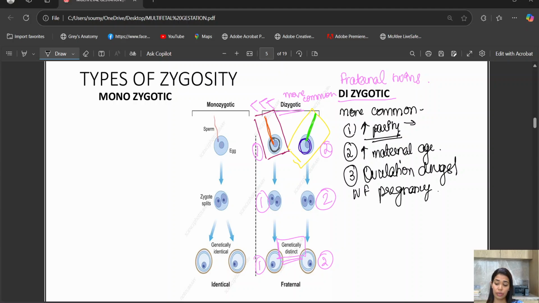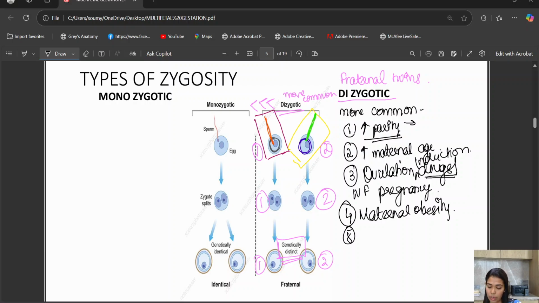In ovulation induction drugs, multiple ovums may get released. So there is a higher chance for these ovums to get fertilized by two different sperms, hence making a dizygotic pregnancy. Now there are certain papers that believe that maternal obesity also predisposes you to dizygotic twins.